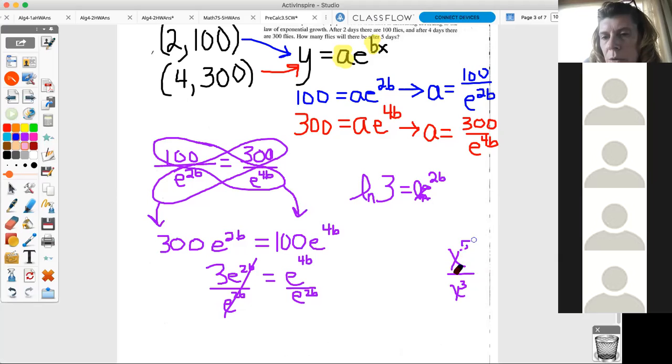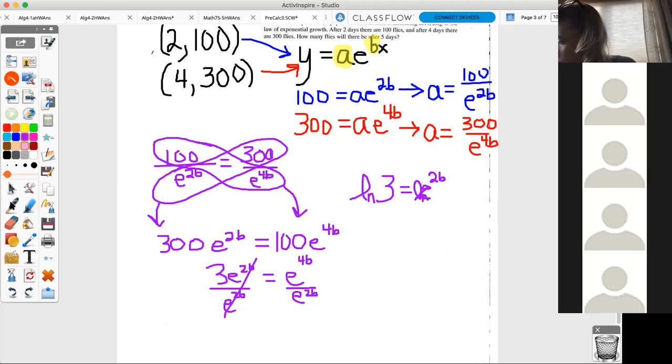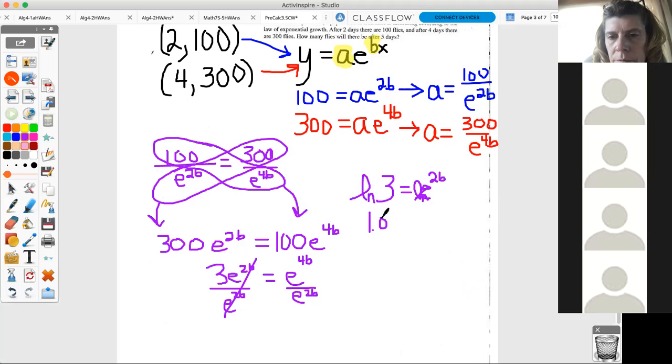All right. So we're going to take ln of 3. Oh, I should have used a bigger eraser. It's 1.099. That canceled off the ln of e, so we get 2b, so we can divide by 2.